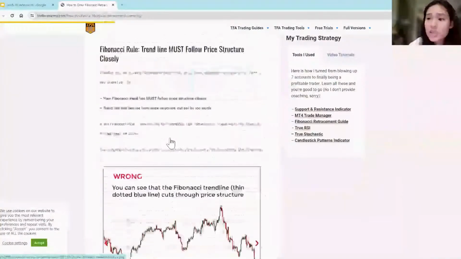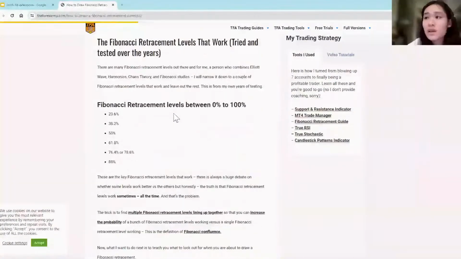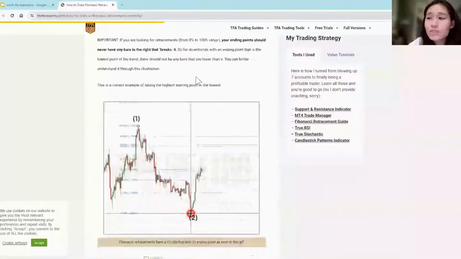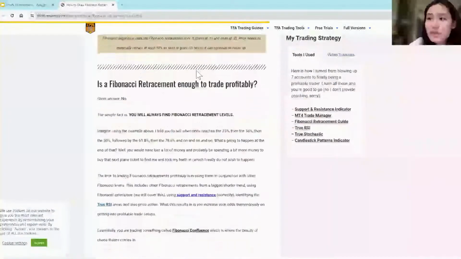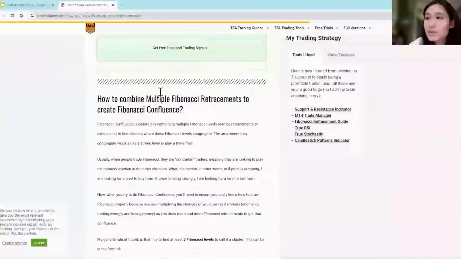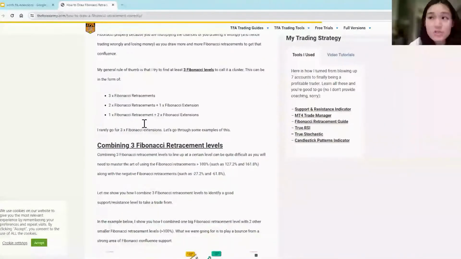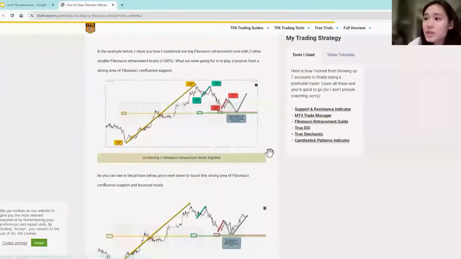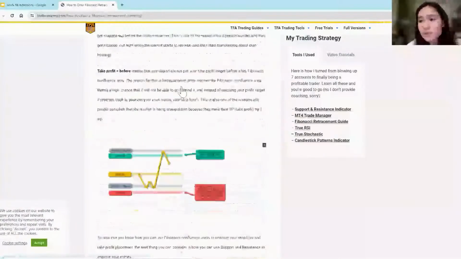So you can see the clear structures that we went through earlier, how you can follow price structure, and clear steps on how to draw your Fibonacci retracement, with some examples. So feel free to check out this website after this webinar. It also goes through Fibonacci confluence, which might be a little bit confusing since we are combining all the techniques. So you can see over here, we have a bunch of examples. Let me just pop it into the chat for you guys.